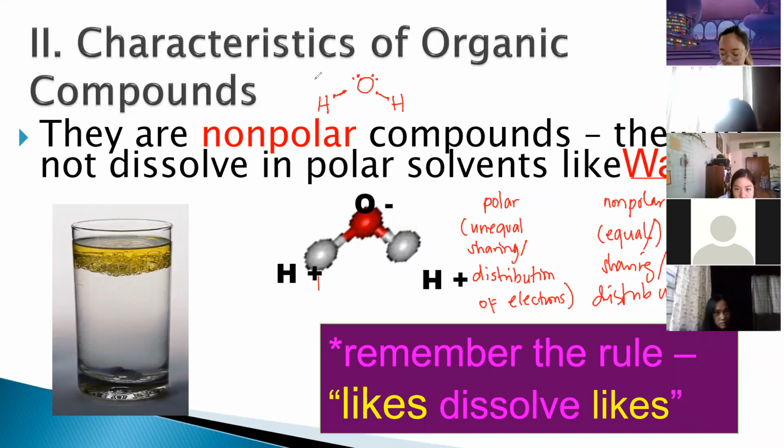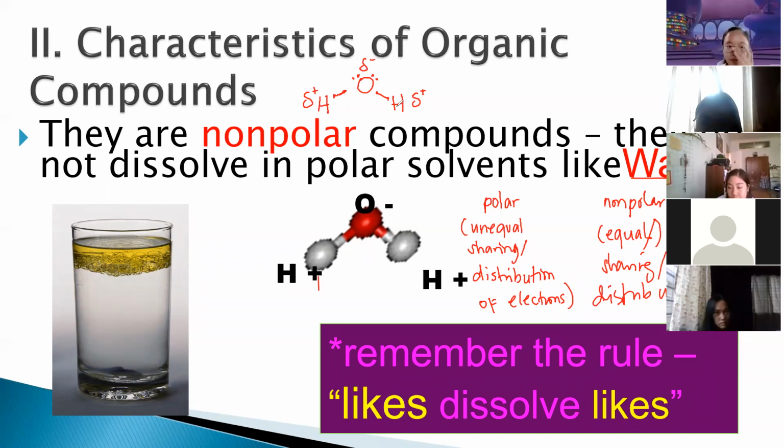So what will happen is we will have dipole moments here. Hydrogen will become partially positive because of the sharing, and the other hydrogen here will also become partially positive. However, since oxygen has 4 free electrons, this part of the molecule will be partially negative.